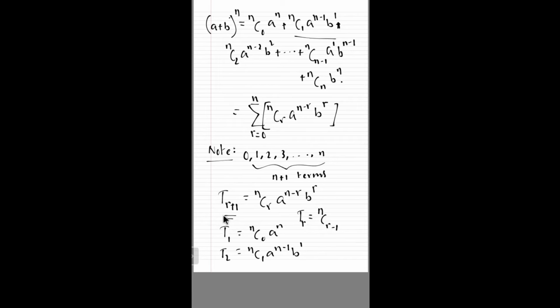So this is the reason we write the general term as t r plus 1, and the general term is nCr a to the power n minus r b to the power r, where we have a restriction on the value of r, that is 0 less than or equal to r less than or equal to n. Now this concept is very important. In most of the problems here, we are going to use this general term. Okay, so this is the basic thing.